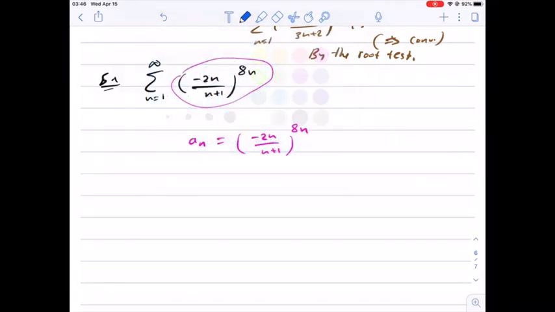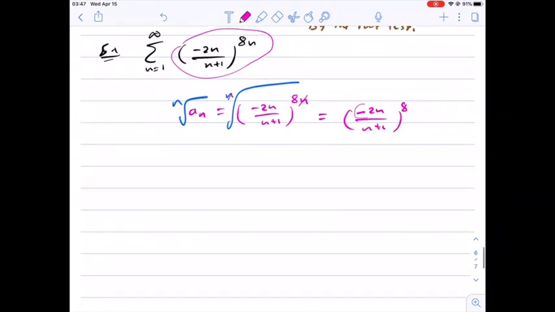So we take the nth root of both sides. Taking the nth root, we cancel the n, and we get negative 2n over n plus 1 raised to power 8. Now negative 2 to the power 8 times n to the power 8 over n plus 1 to the power 8.